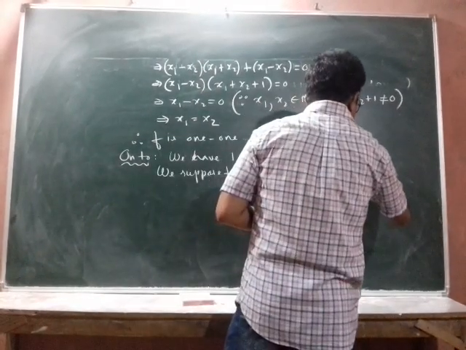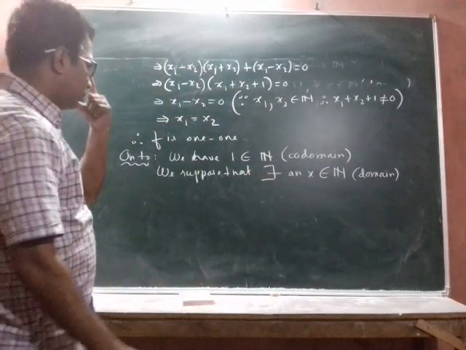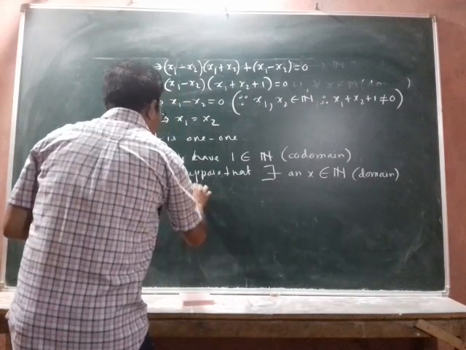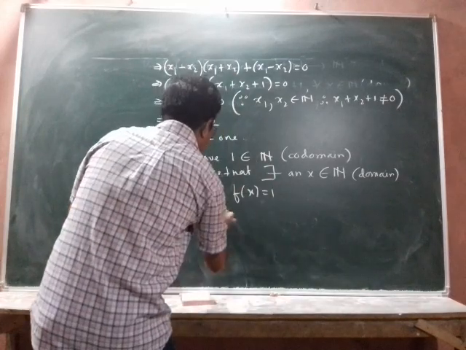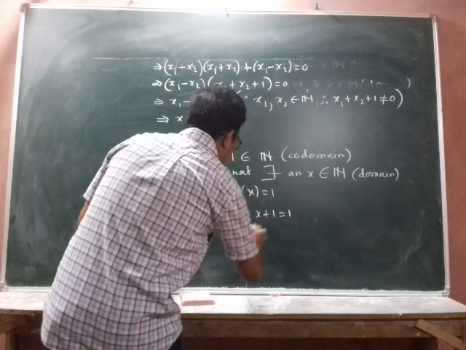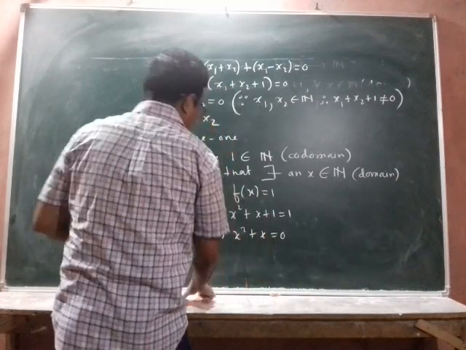We suppose that this element of the codomain has a pre-image. So that is x in the domain such that f of x equal to 1. So here we get x square plus x plus 1 equal to 1. Further simplifying, we get x square plus x equal to 0.